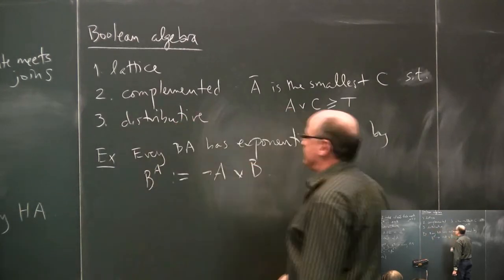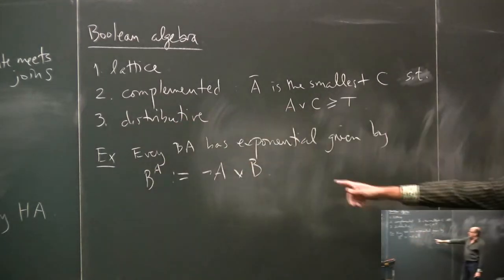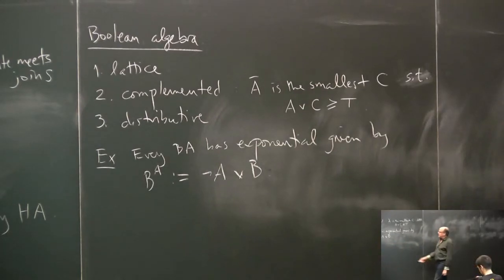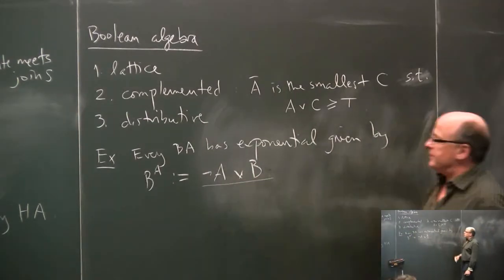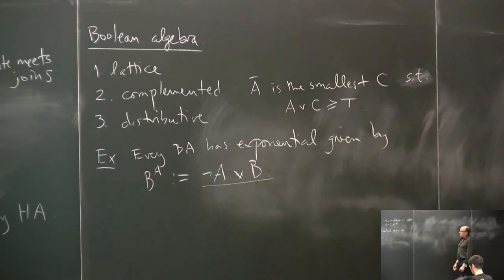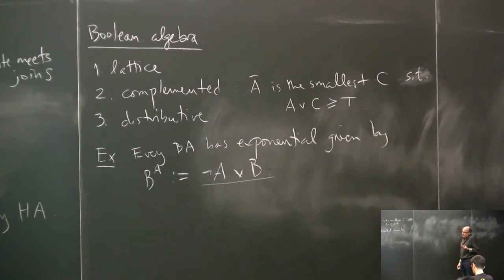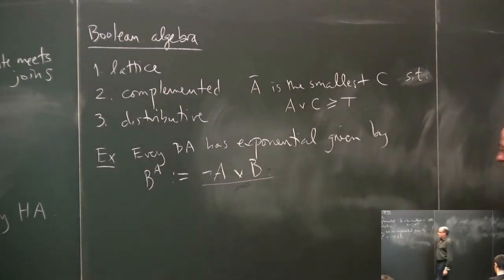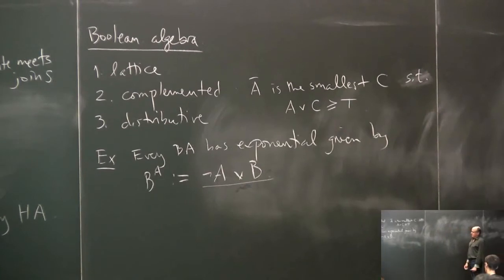And that's what gives rise to the truth table for implication that you learned back in school. The exponential in a Boolean algebra is given this way, and the truth table for the particular Boolean algebra with two propositions is derived by taking that as your definition of an exponential.